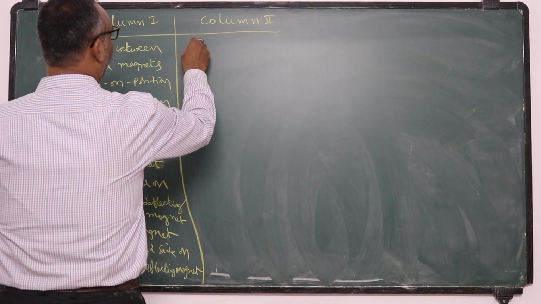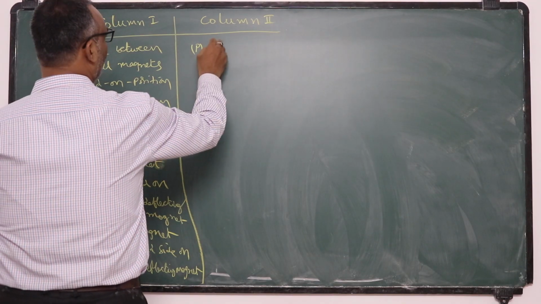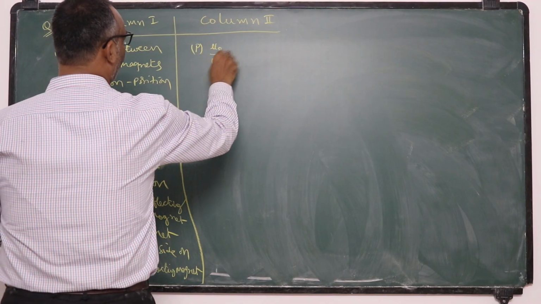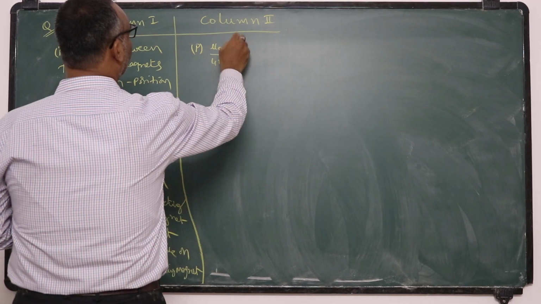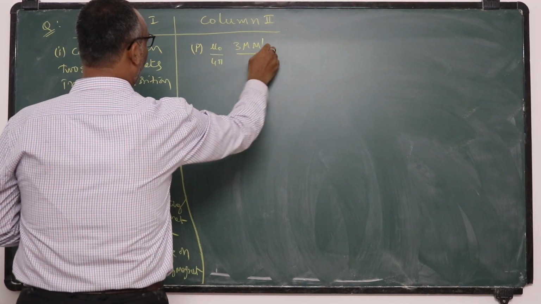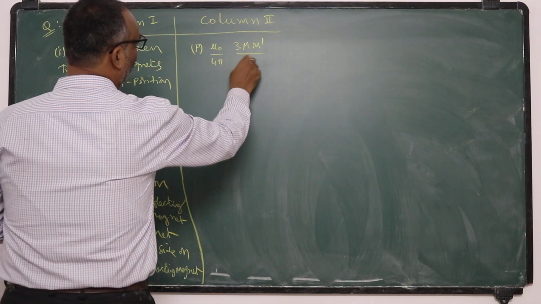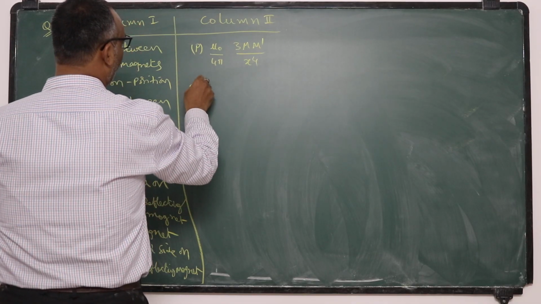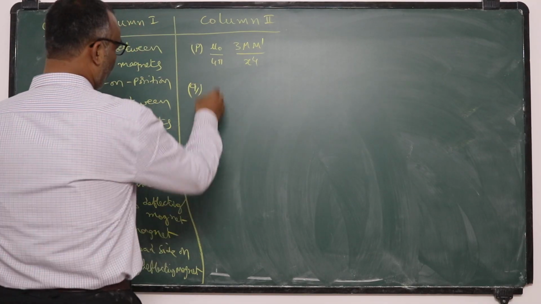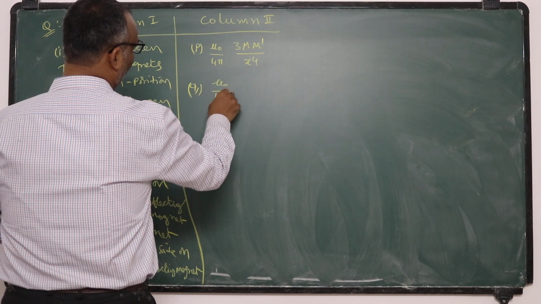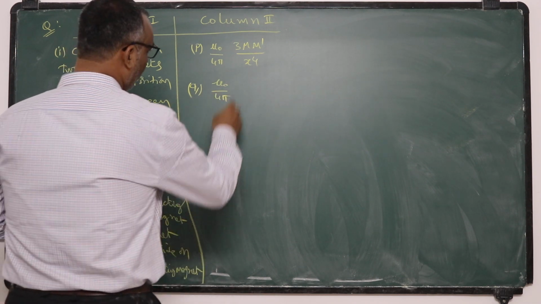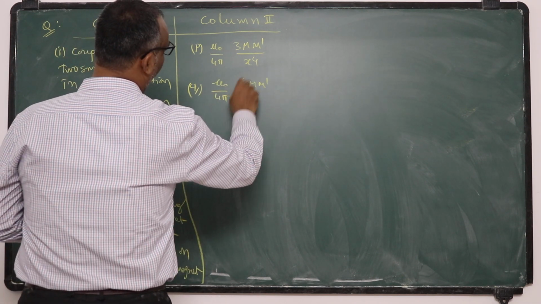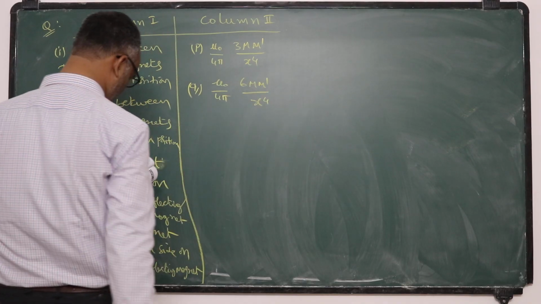In the right side column, P is mu naught by 4 pi, 3 m dash by x power 4. Q is mu naught by 4 pi, 6 m dash by x power 4.